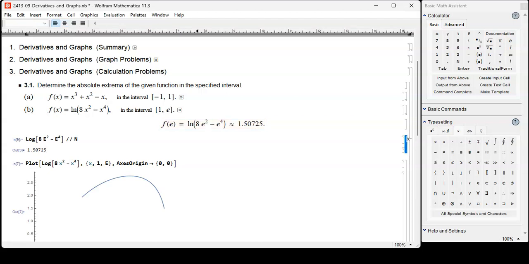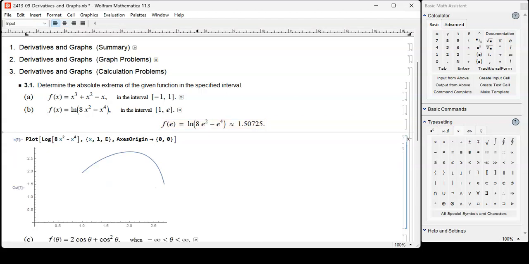And that's the absolute minimum that's attained at e. How about the absolute maximum?